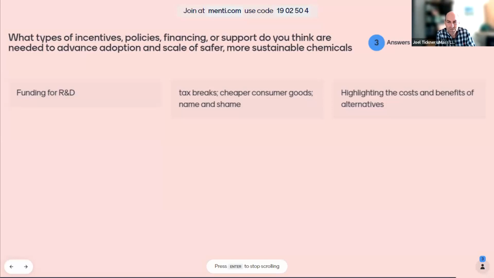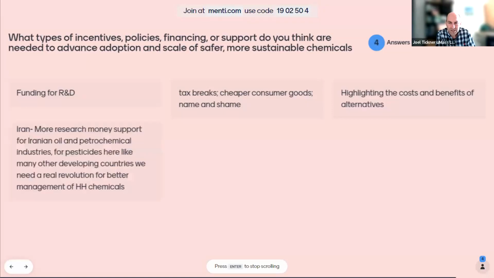And how do we build that knowledge from those research institutes to, often, resource-limited government agencies and other types of activities? Yeah, so just having national science and technology councils, really engaging them to help drive innovations and more sustainable chemicals and practices.